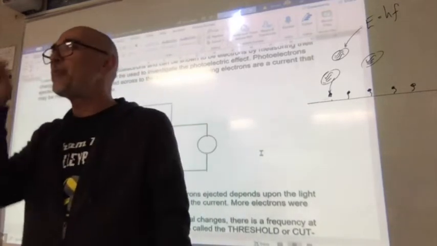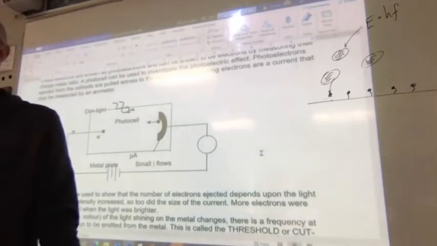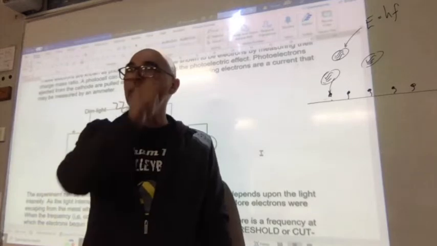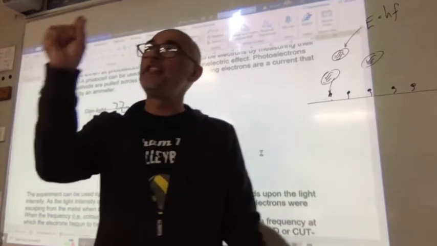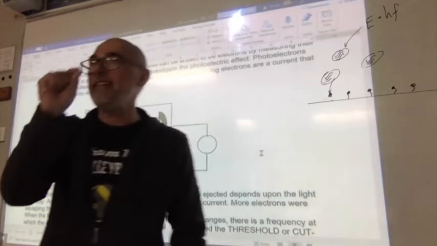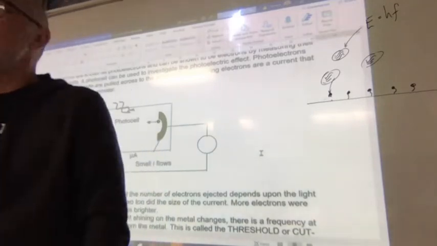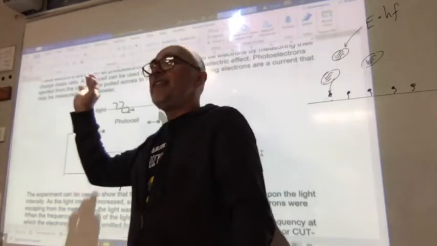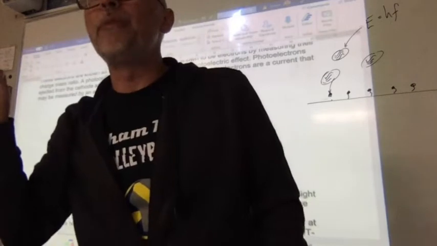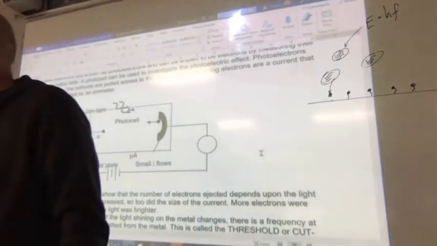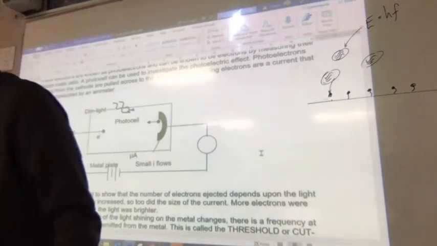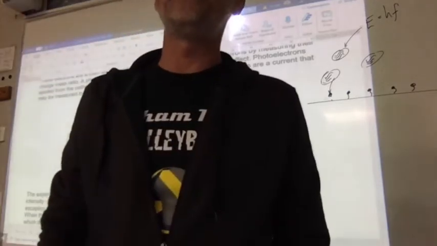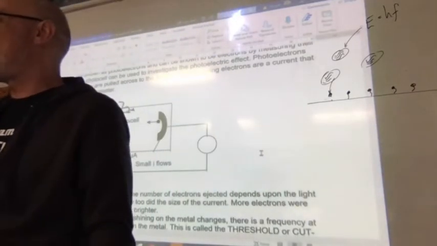So if you want to know what the binding energy was, well, you can calculate that by asking where the effect just begins. Right there, the electrons have been broken from the metal, but they have almost 0 kinetic energy. They can't actually move. So if you're doing this for real life, you'd be graphing this information.